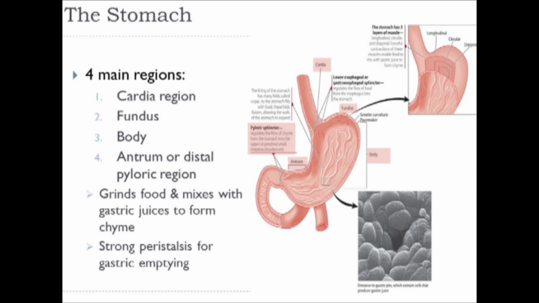Back to number 1, it's actually in the region of the lower esophageal sphincter, which is the muscle that allows the food to move from the esophagus into the stomach. Number 3 is the body of the stomach, and this is where a lot of the digestion is taking place. A lot of the parietal cell secretions are taking place here. Number 4 is the antrum, and this is the lower end of the stomach.